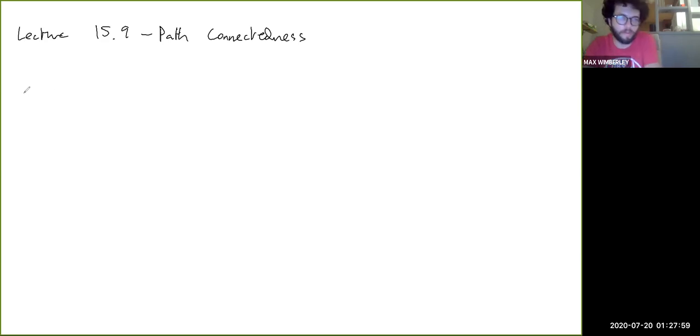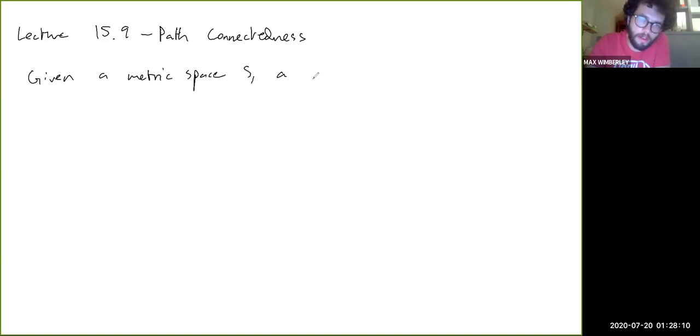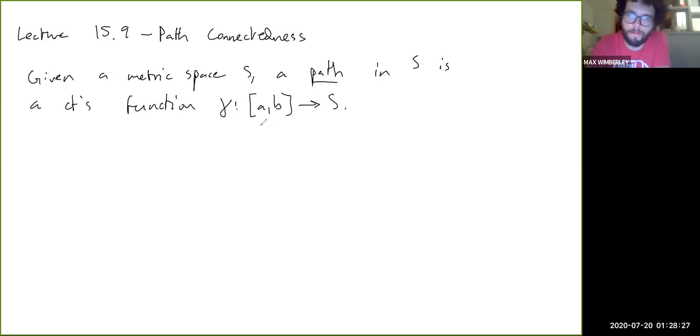So let's make the definition here. Given a metric space S, a path in S is a continuous function gamma from [a, b] into S. So just any continuous function from a closed interval into the space S. We already saw examples of this with S equals R^k, where we were talking about parametric curves in higher dimensional spaces.